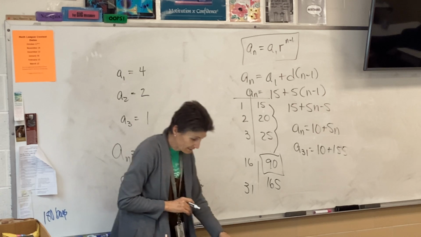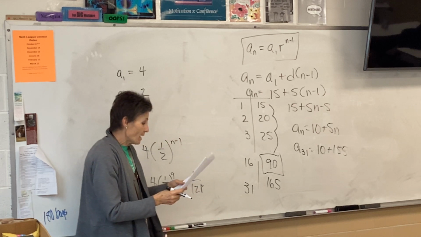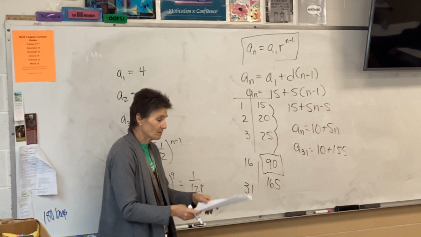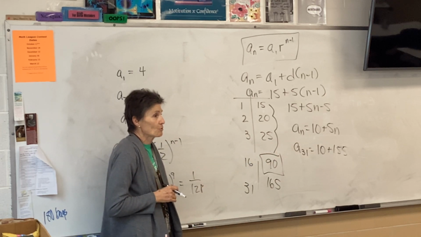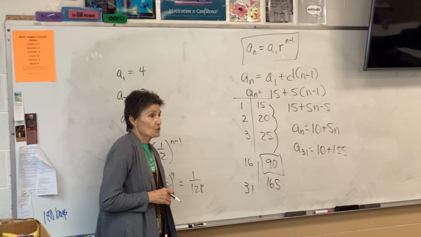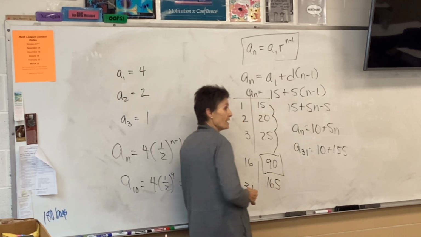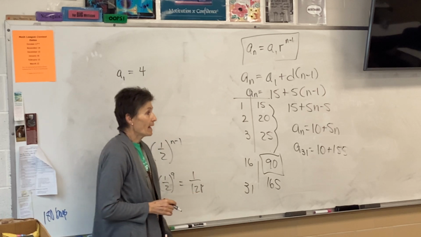Good work. And finally, number 4, how many minutes total did she run in the entire month of July? Explain your strategy. So again, one option would be to take all of these and add them up.